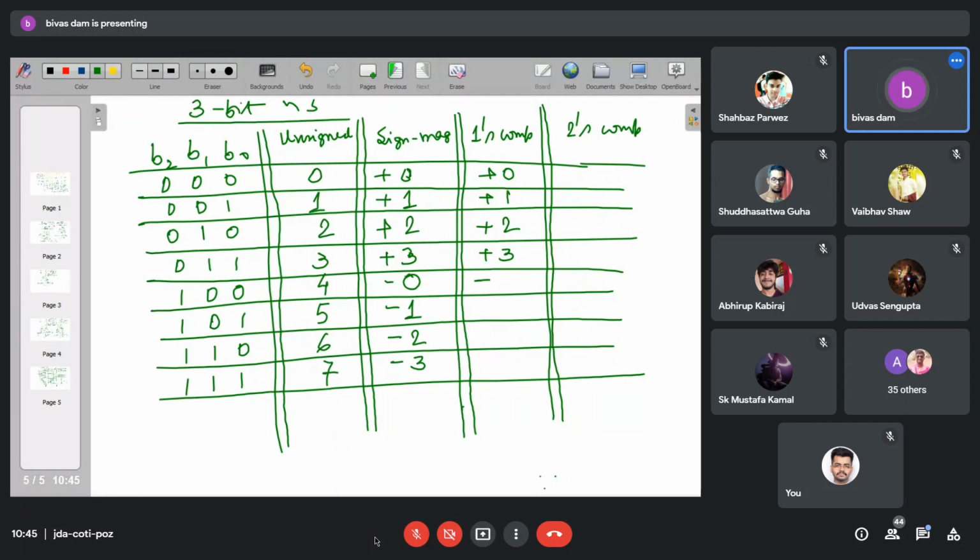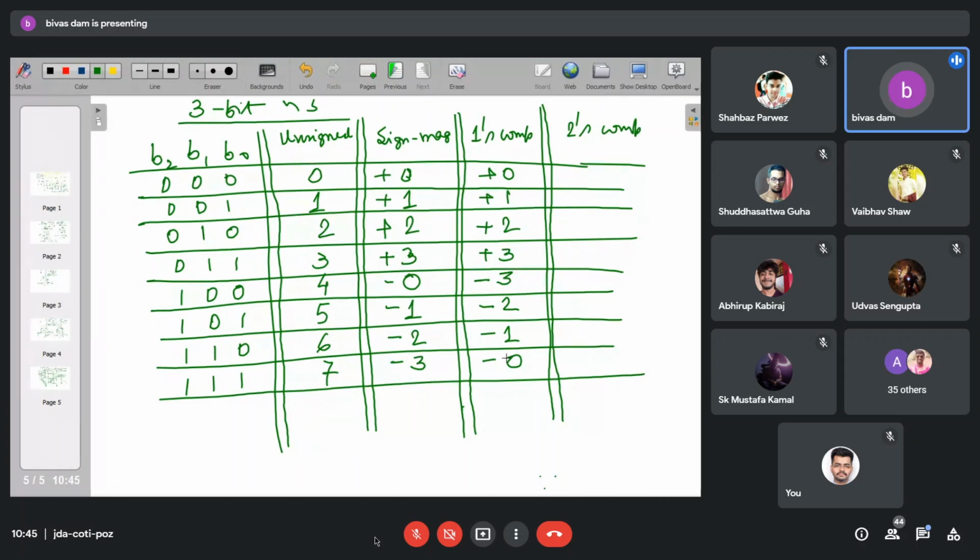Now these four have to be negative. As they are negative, the magnitude cannot be directly obtained unless I take the bit by bit complementation of the complete pattern. That gives the magnitude 0, 1, 1, which is minus 3, minus 2, minus 1, minus 0.